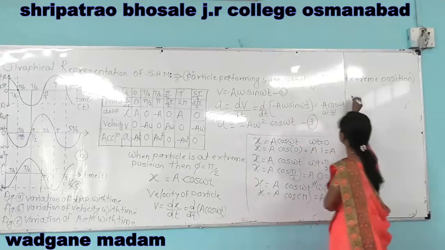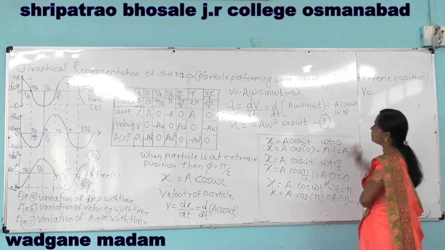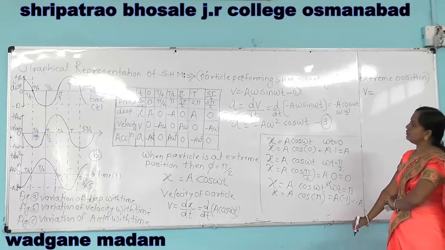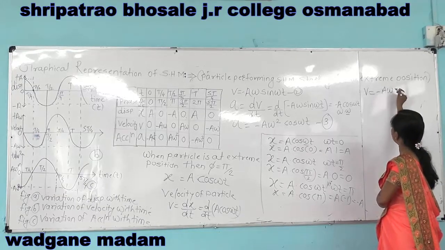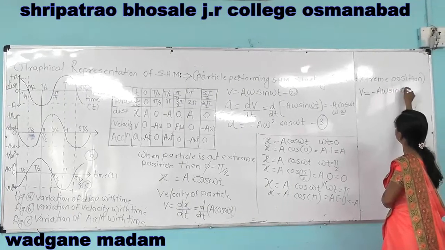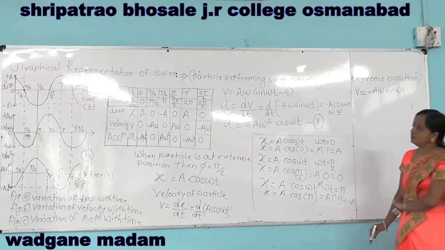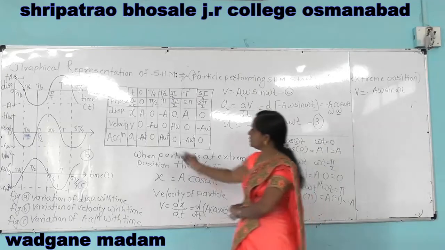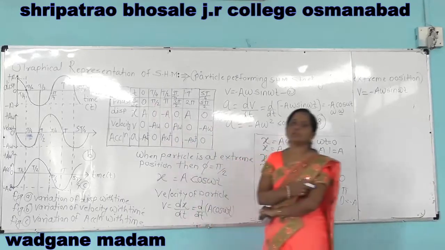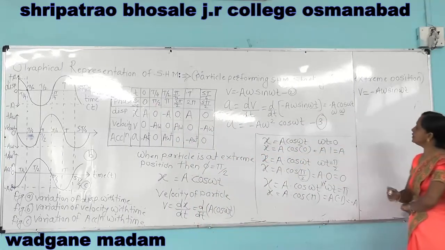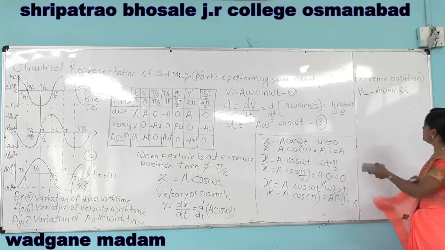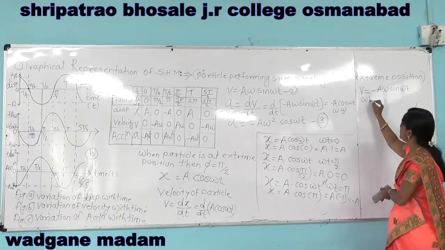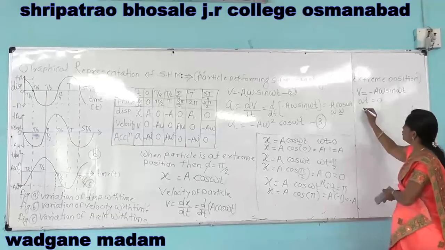After that we can consider the expression for velocity. Velocity is given by v is equal to minus a omega sin omega t. We consider the time interval 0, so the phase omega t is equal to 0.